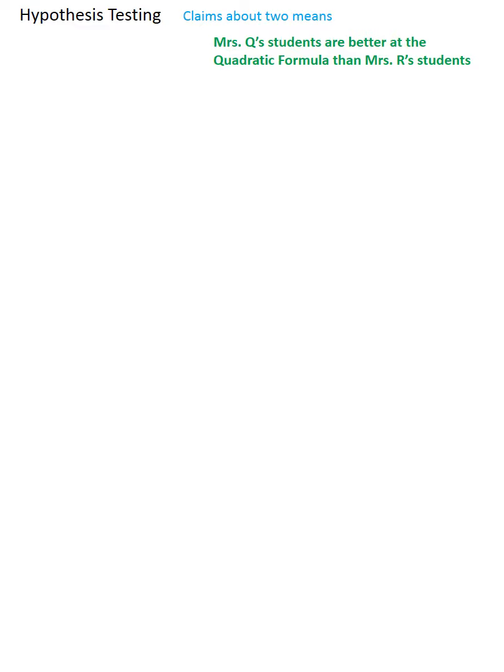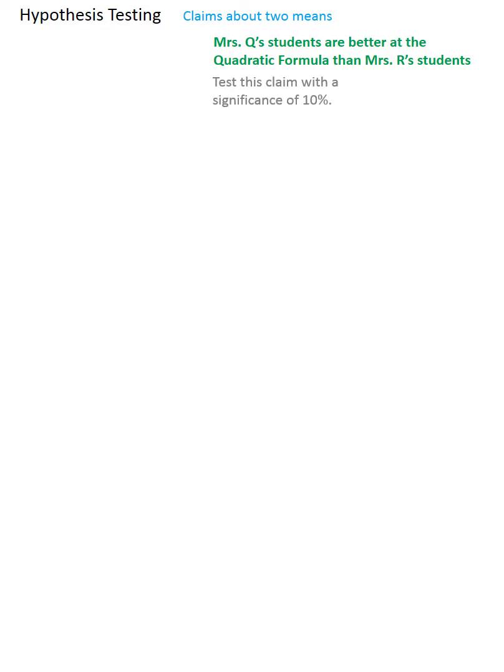And this claim is essentially saying that if we were to test all of the students on the quadratic formula, Mrs. Q's average or mean for her entire population would exceed that of Mrs. R's. That's the claim being made, and that's why it's a two-mean comparison hypothesis test.